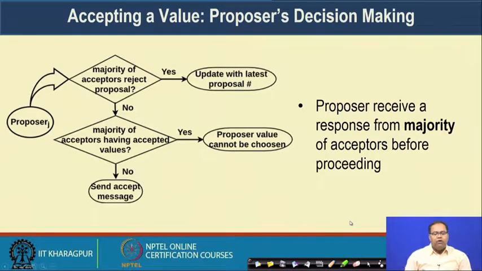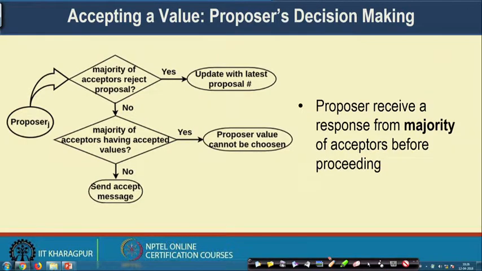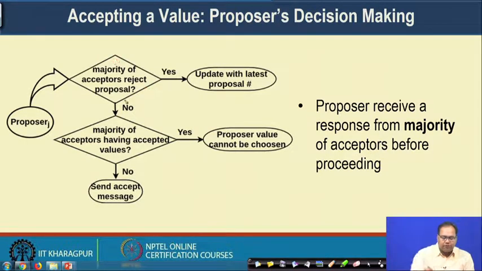Now, we take a vote based on a majority decision. So, the proposer looks at whether the majority of the acceptors reject the proposal. If they have rejected the proposal, then you update it with the latest proposal number. If they have not rejected it, then you see whether the majority of the acceptors have accepted a value.